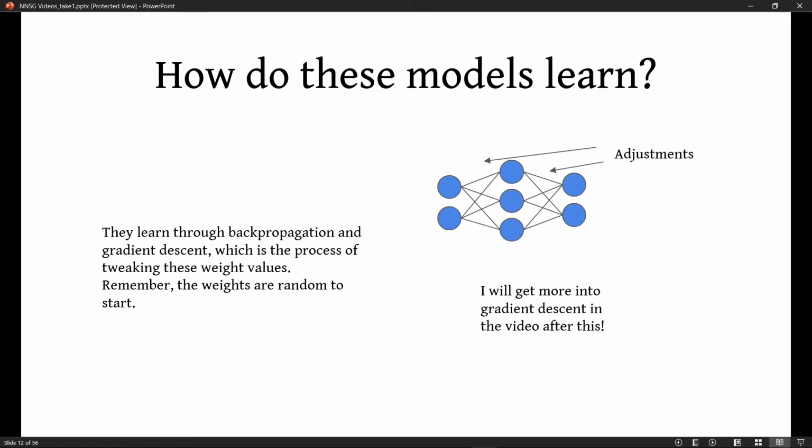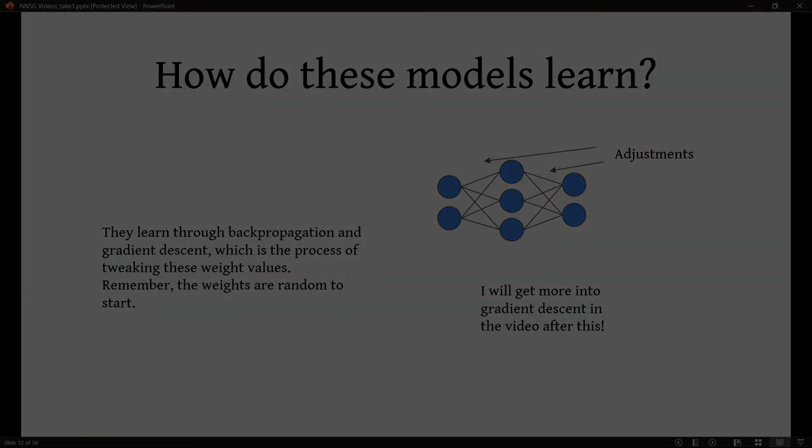So for example, if you get a dog when you really inputted a picture of a cat, you recognize that, you compute how wrong it is, or you compute its loss, and then you try to find the weight value that minimizes that loss, so that the next time it'll actually predict the correct output, right? If you input a cat, it tells you it's a cat. If you input a dog, it tells you that it's a dog.